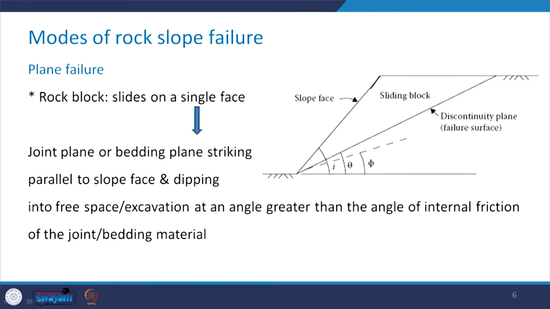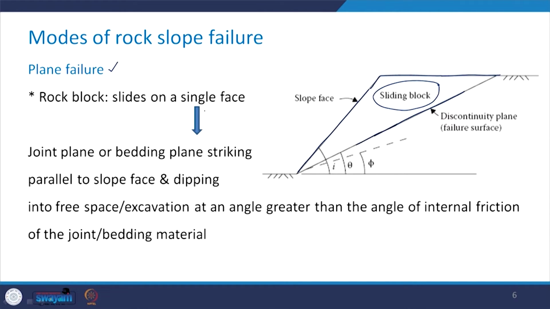Let us start our discussion with plane failure. Here is the slope face and there is this discontinuity plane. In the case of plane failure, this rock block, which is the sliding block, slides on a single face.